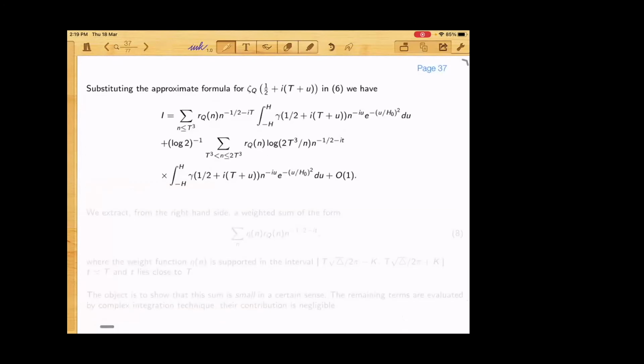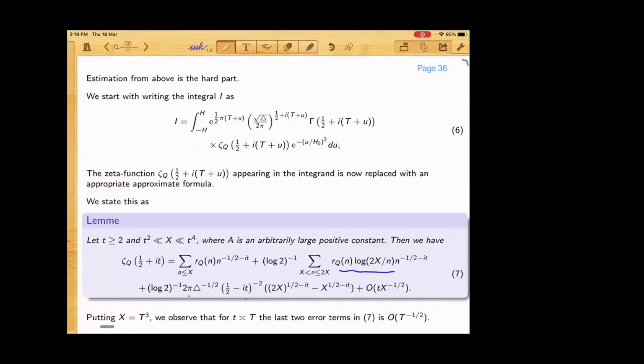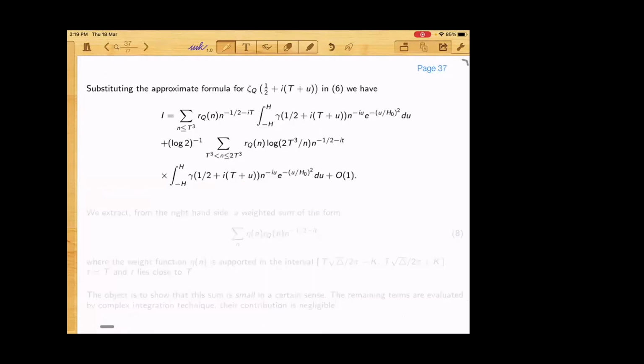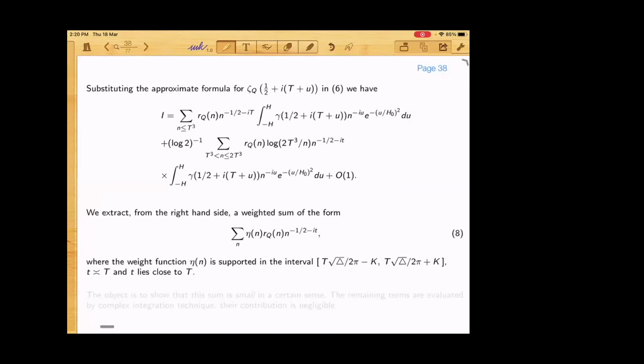Therefore, one substitutes this approximate formula into the integral that we have here, and then this takes this form, and this is the error. The main thing in all of this business is that there is a particular sum which gives a problem, which becomes too big.